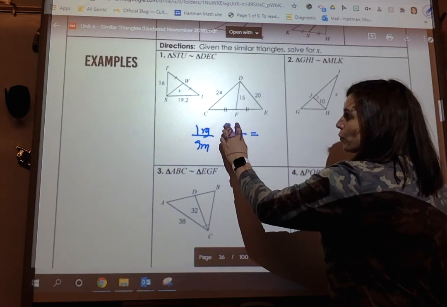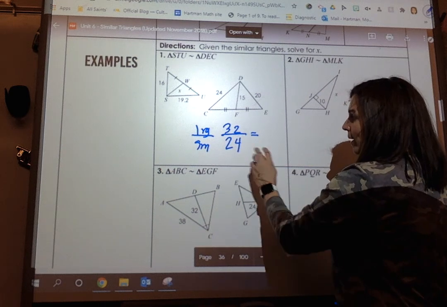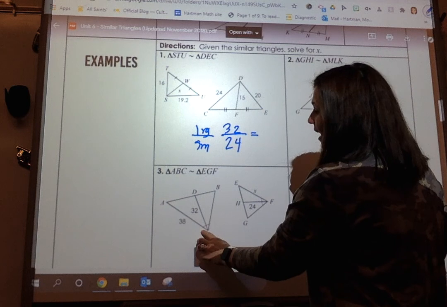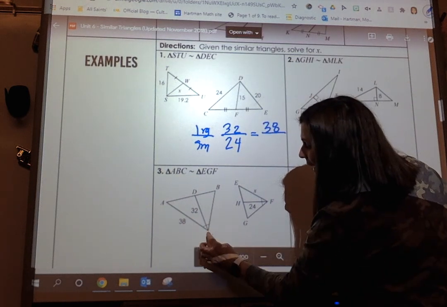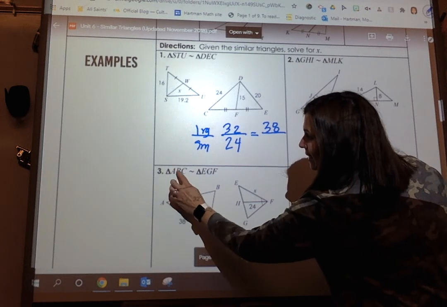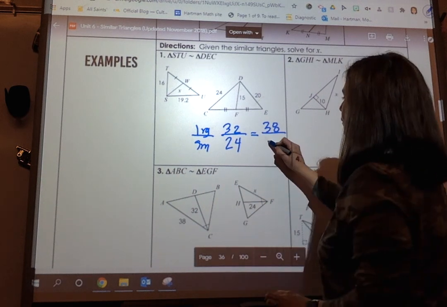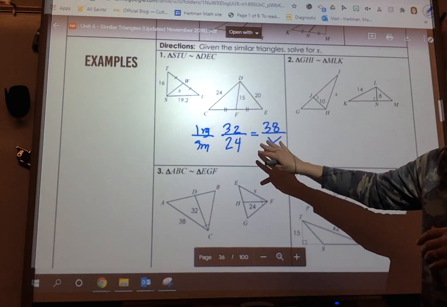So on the large, we're comparing this angle bisector of 32 to the small angle bisector of 24. Now we're going to compare the large triangle side length of 38, but who am I comparing AC to? Well, AC is proportional to EF, so I look over here and EF is represented by X. So that's how I'm setting my proportion equal to each other.